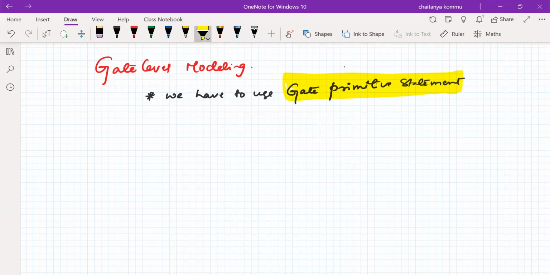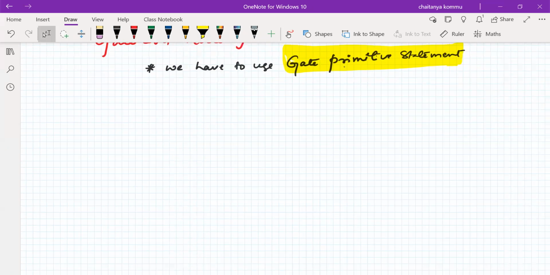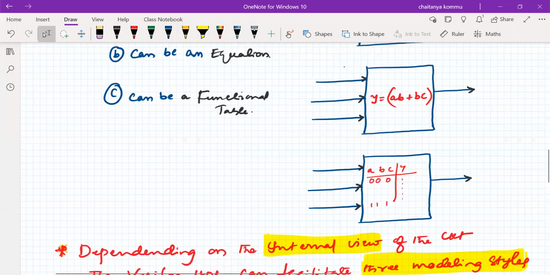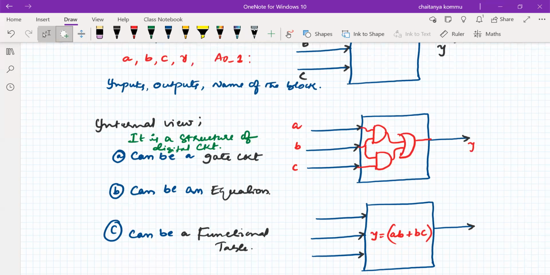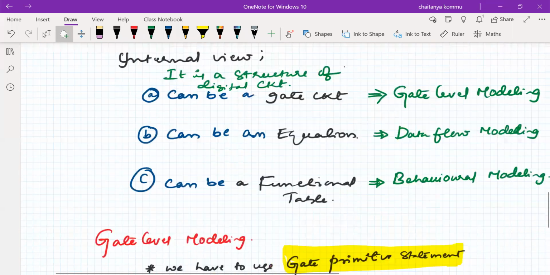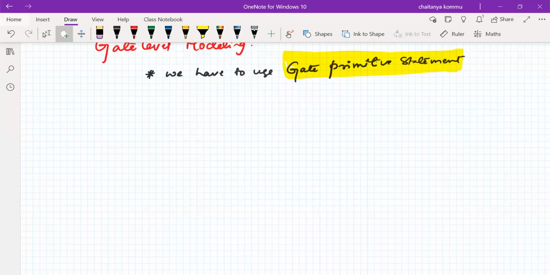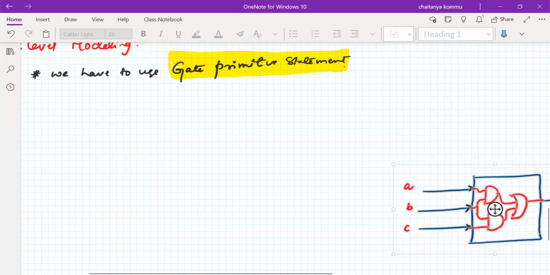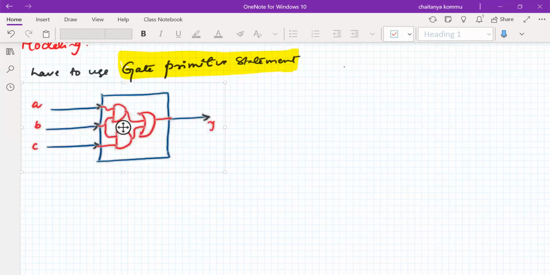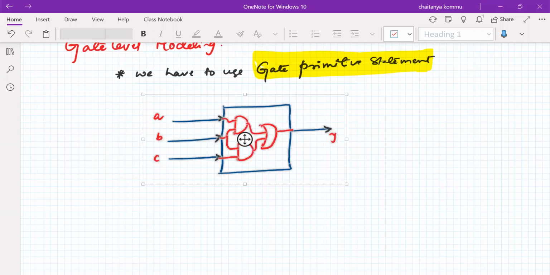Now we take one example circuit. As I mentioned, in gate level circuits, gate primitives are required, and gate primitives are available here.